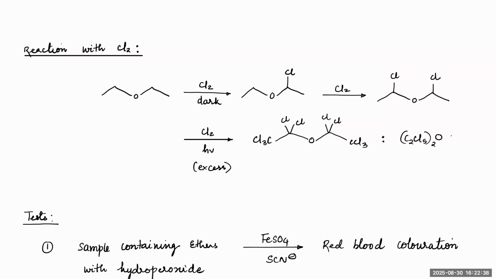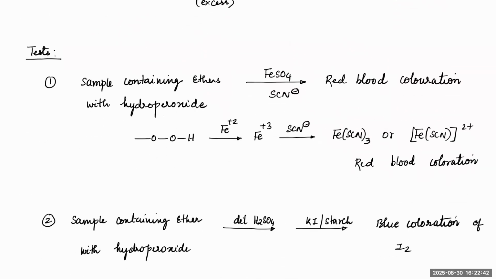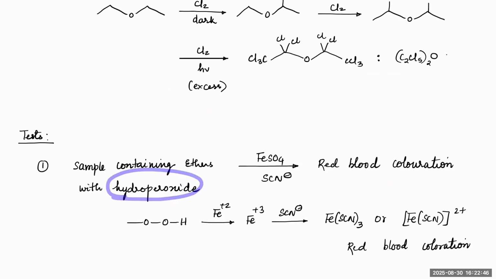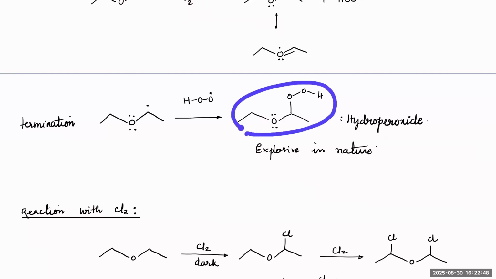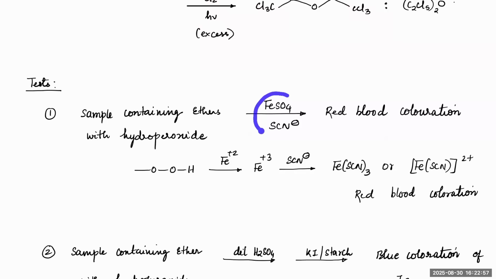Clear? Yes, sir. Ethers are identified in a very simple way. First, you convert ethers into a hydroperoxide group like this. Add some oxygen, leave it for some time, it will start forming hydroperoxide, correct? And then treat with FeSO4, adding potassium thiocyanate.